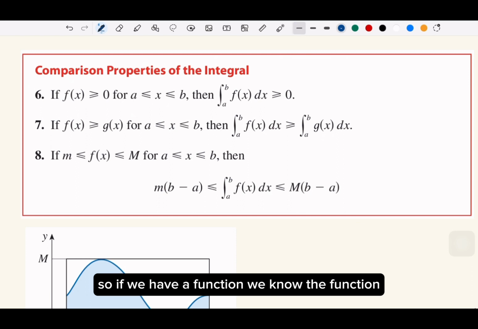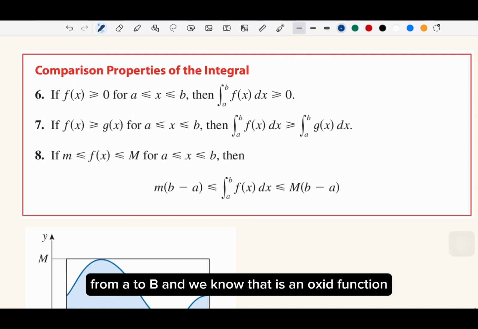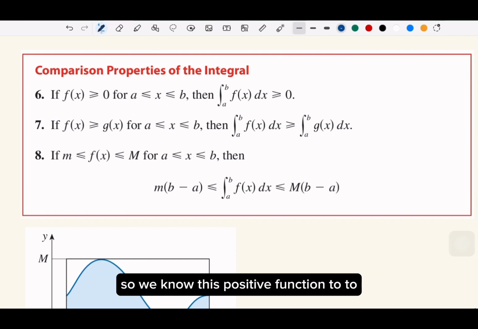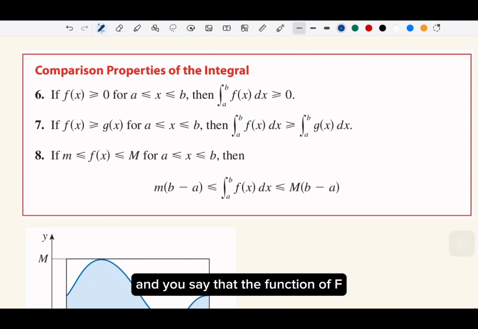If we know the function, we know the endpoints from a to b, and we know that it is a positive function, so that our arguments will be valid arguments. And then we have another function g, and we say that the function f is greater than g, and we also set up the same interval. Then the integration of f should be greater than that of g.